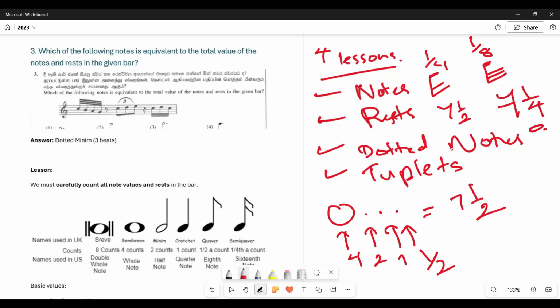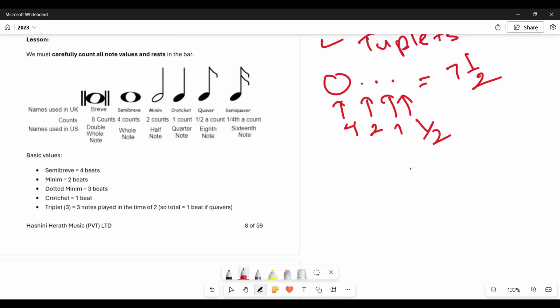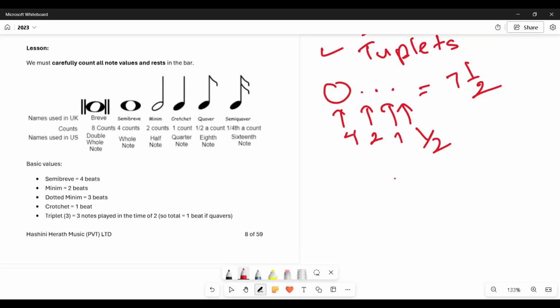Okay, tuplets. If you are given 2 notes like this, you have to play them in the time of 3 notes.